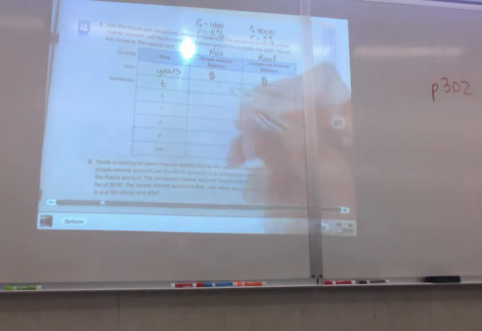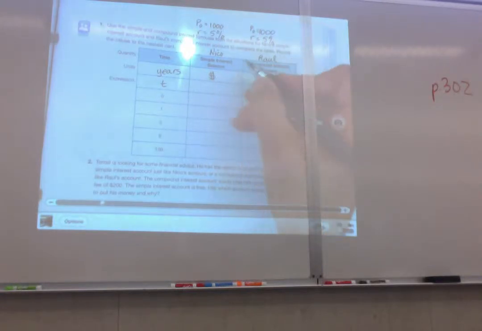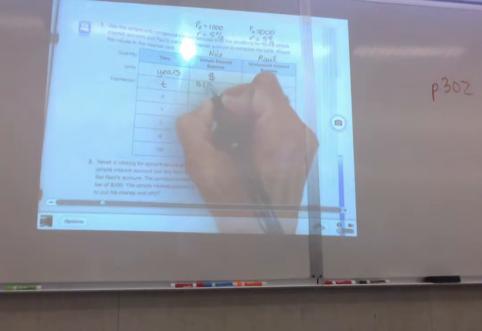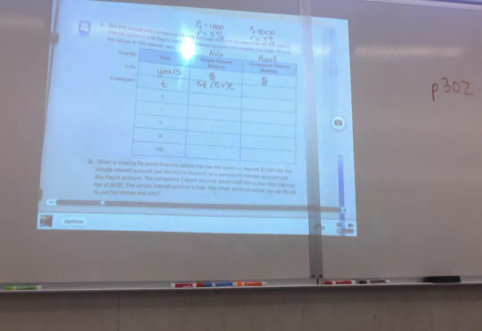Okay, now the expression for Nico's simple interest balance, if we look over here on page 302, bottom of the page. First of all, the generic is P0 plus P0 times R times T. Is that too small?